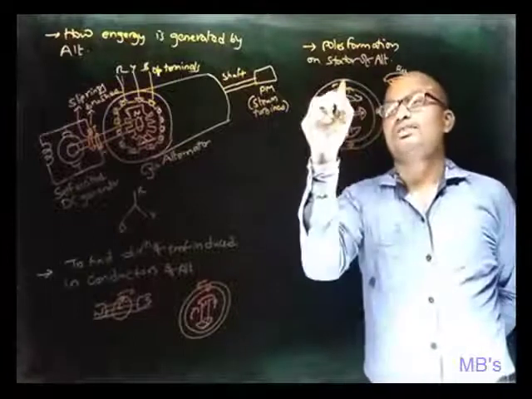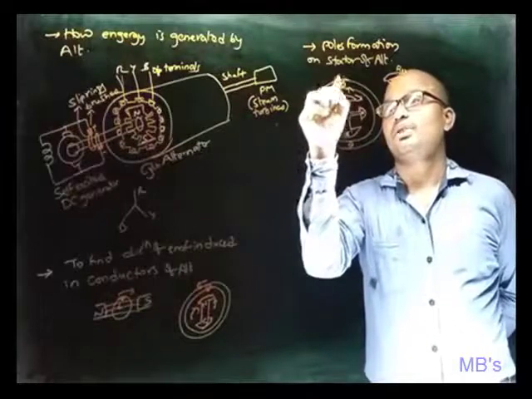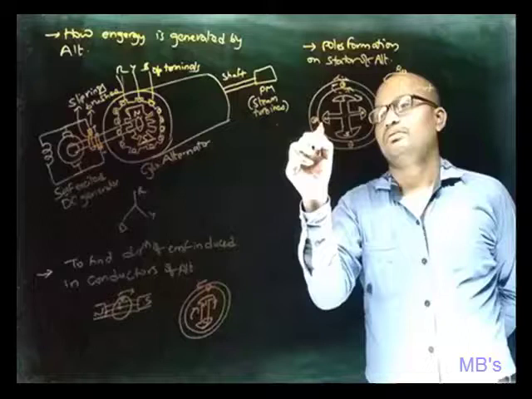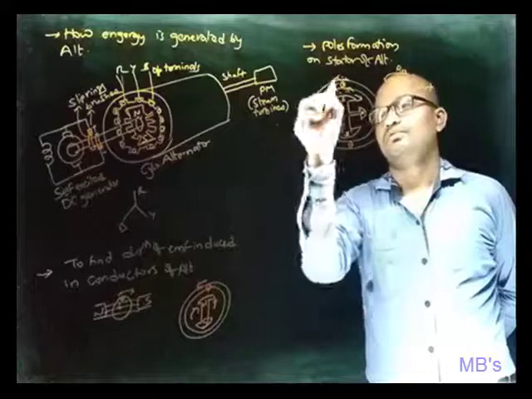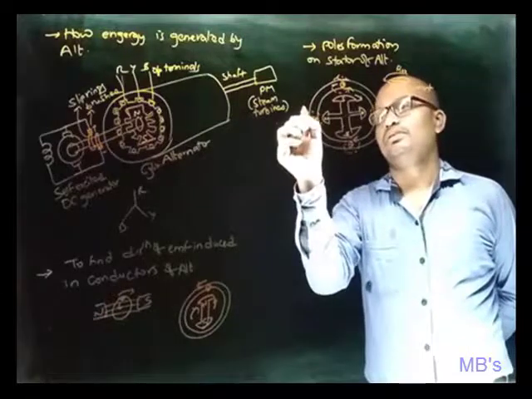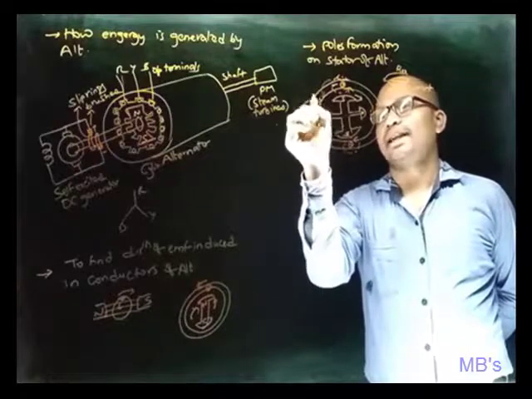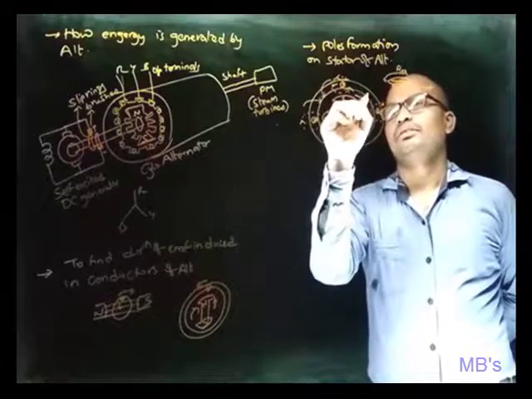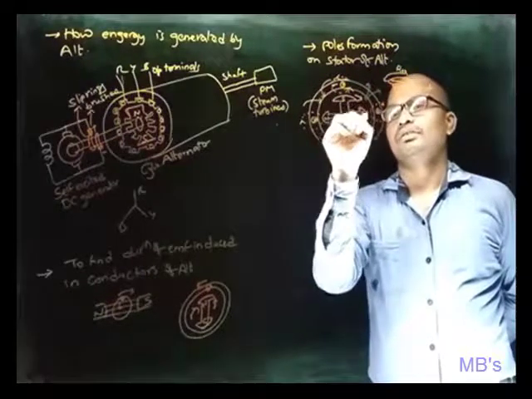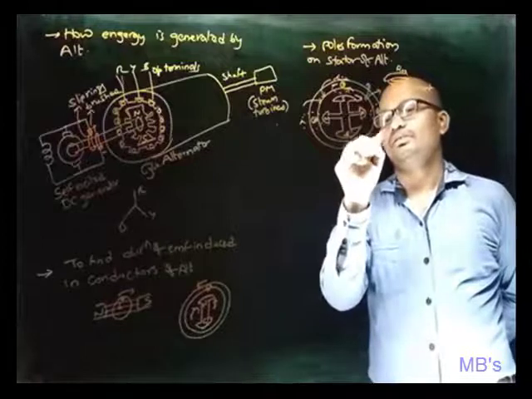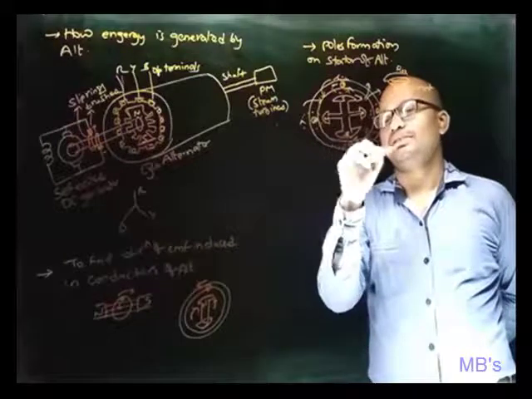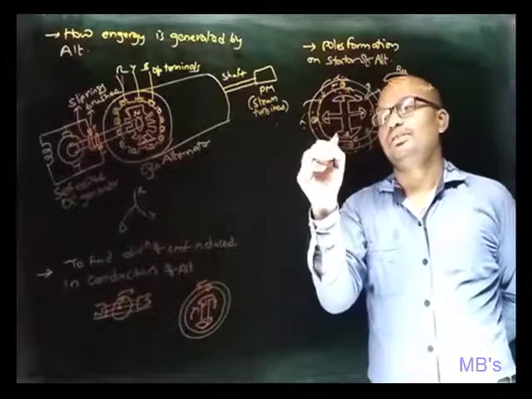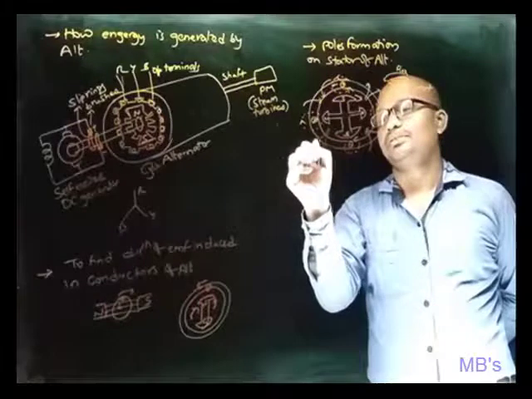So the flux direction is anti-clockwise, and here clockwise. So if you observe here, the fields add up, and here the fields get divided, and here the fields get added, and here the field gets divided.